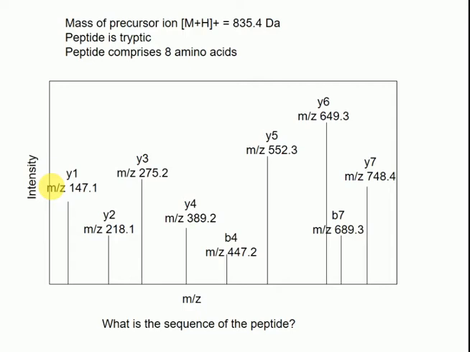If you subtract the mass of the Y7 from the intact precursor, that will correspond to an amino acid residue on your sheet, which is serine. Then we can move along to the next amino acid residue. Here, we're looking at the mass difference between the Y7 and the Y6, so that'll tell us what's here.